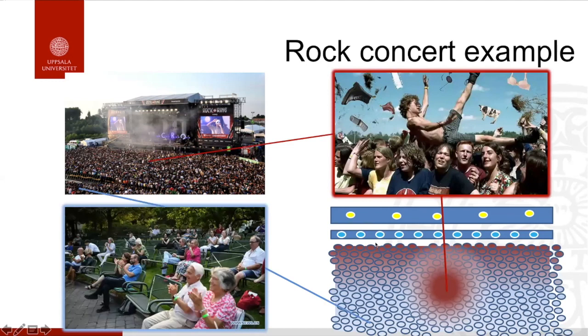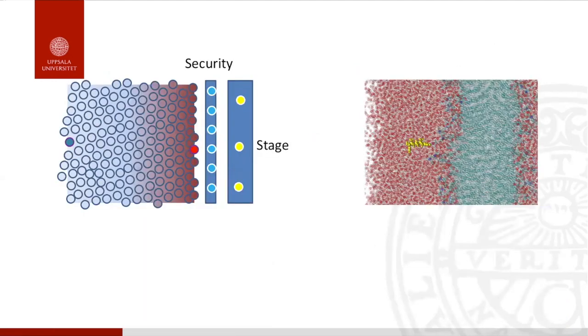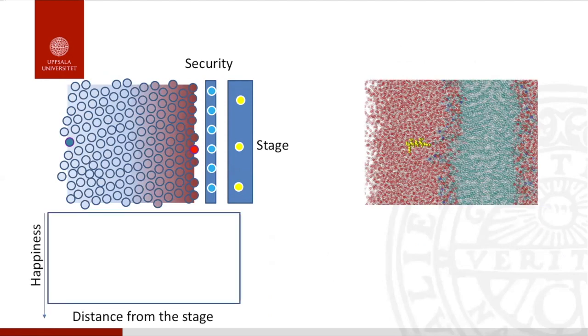Then if you compare that to the MD simulation, it actually makes some sense. There are molecules that would prefer to stay in the quieter place. There are molecules that would really try to get as close as possible. In the case of the rock concert, that would be the biggest fan, so it's a bit counterintuitive here with the axis. Happiness goes, I mean, the lower here, the happier.